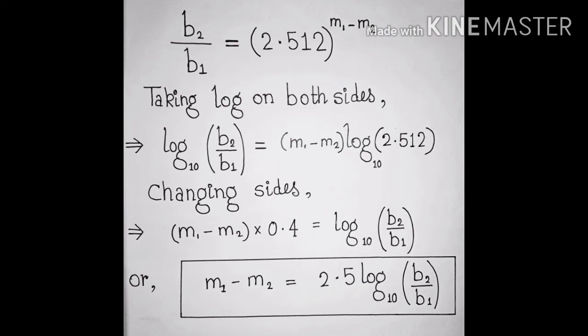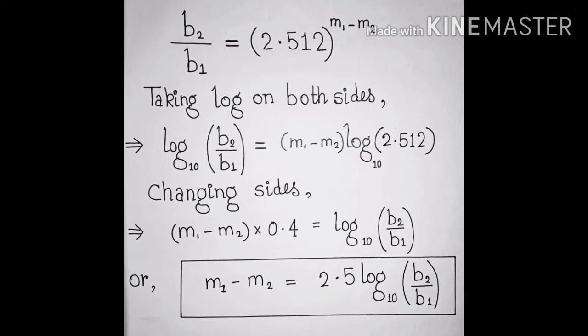Or we can also say that B2 by B1 is equal to 100 to the power (m1 minus m2) by 5. That 100 to the power 1 by 5 is actually 2.512. We are just converting that equation into a simpler form.